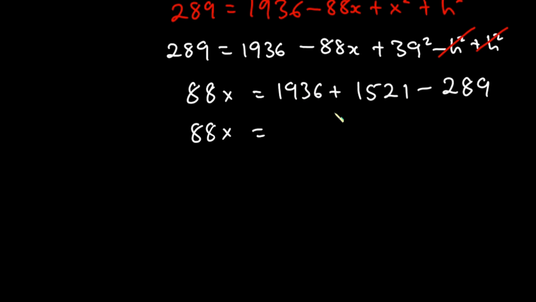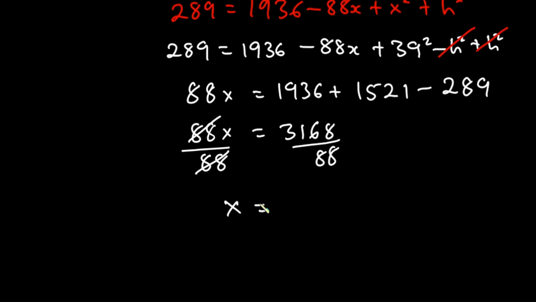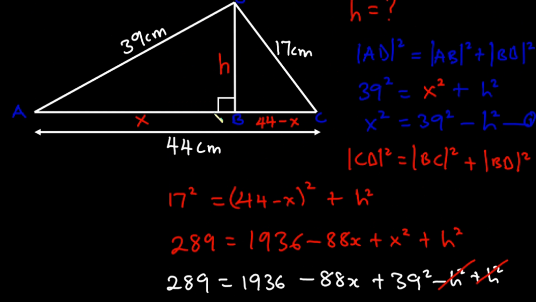We have 1936 plus 1521 minus 289, and we're going to have 3168. Now we are looking for x, so let's divide each side of the equation by 88 so that this will cancel this. Now we have x is equal to 3168 divided by 88, which is 36. So it means that the distance from A to B is 36 centimeters.